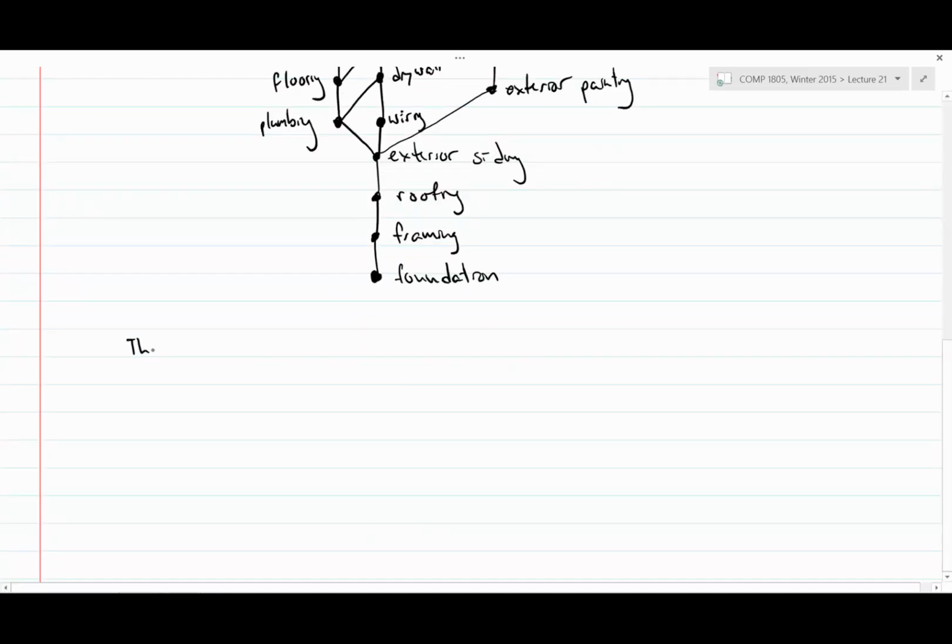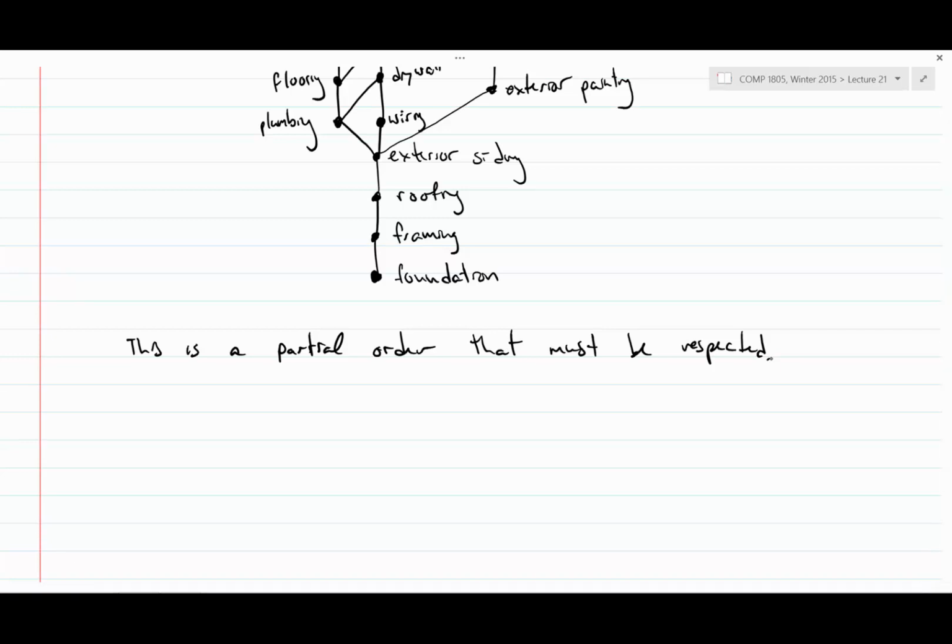So this is a partial order that must be respected, but it doesn't specify an actual total ordering.